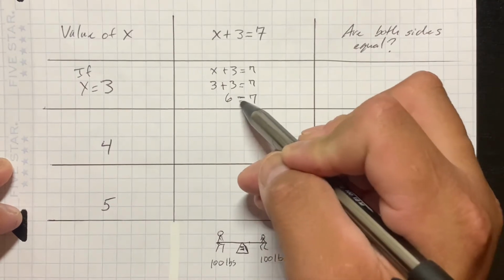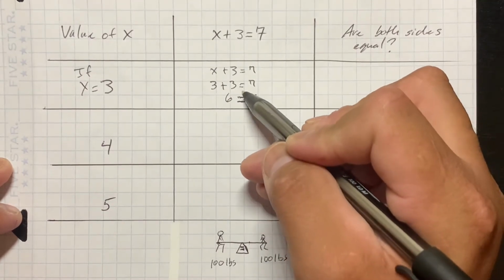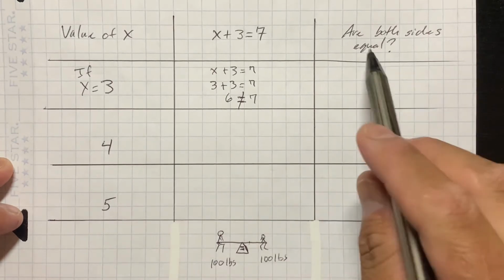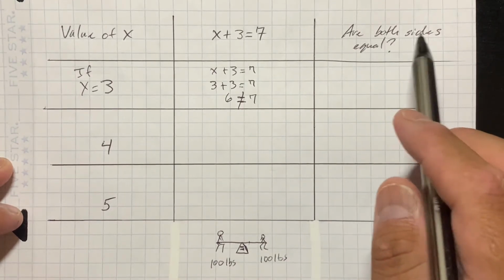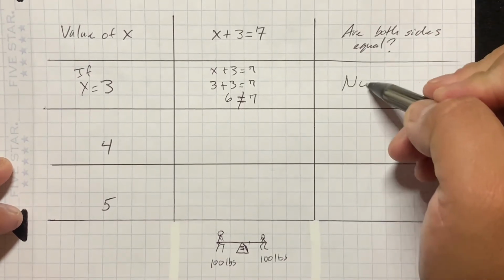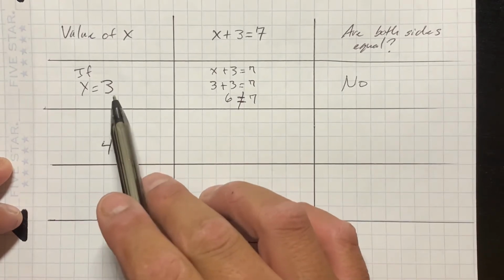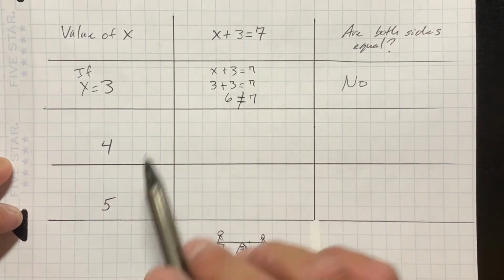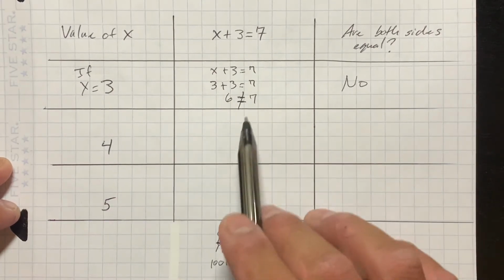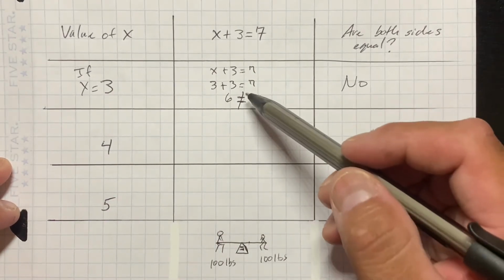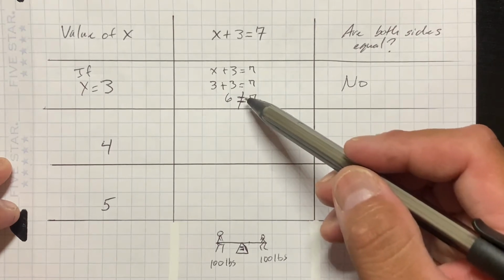So 6 is not equal to 7. Are both sides equal? For this one, we say no. So if x equals 3, 3 is not a solution for this equation because it doesn't make it true. And if you notice, I put a slash through the equal sign.